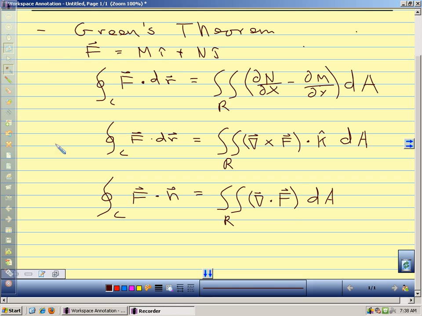So let's state the divergence theorem. We're extending this idea into 3 dimensions, integrating the normal component of F over some closed region and equating it to something to do with the divergence.